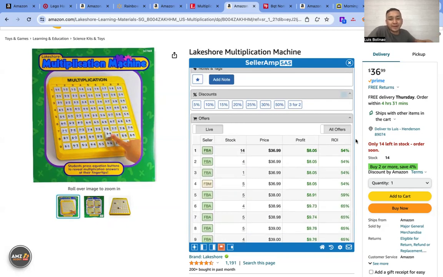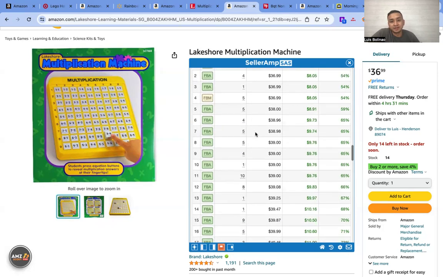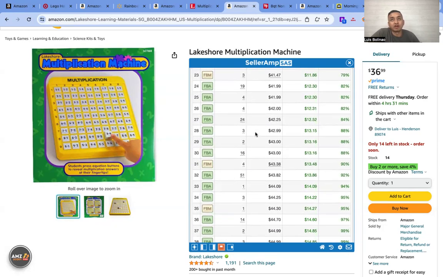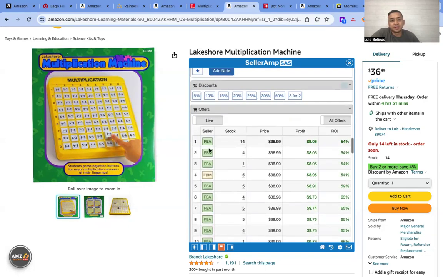Because ROI you only make when the product sells. So to me, the product needs to sell in order for me to get ROI. So in this case, there's too many sellers here for only 185 sales a month. So to me, this is going to be a skip.